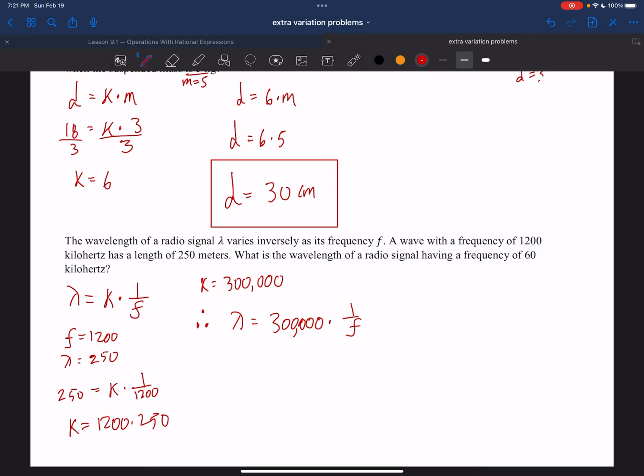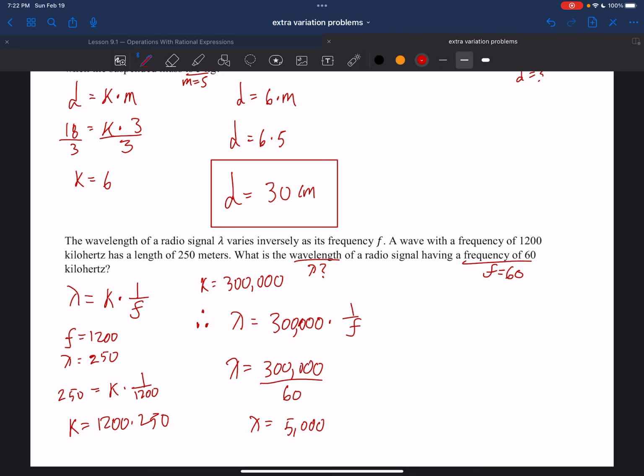And now it's asking, what is the wavelength when the frequency f equals 60? So lambda equals 300,000 divided by 60, right? Let's divide that by 60, and I get that lambda equals 5,000.